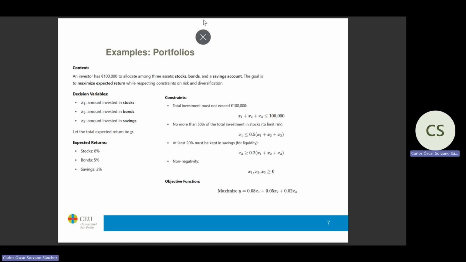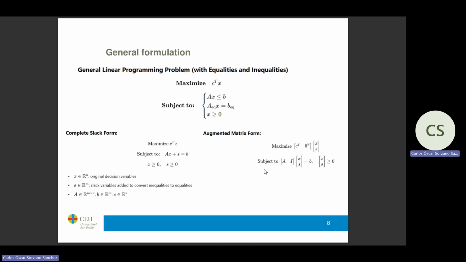And then again, we have the same structure. So the structure is a goal function, but it's a linear combination of some variables, and then inequality constraints. All of them are inequality constraints, and we don't have in this case equality constraints. So in general, the problem structure will be this one. You have some linear function to maximize or to minimize.